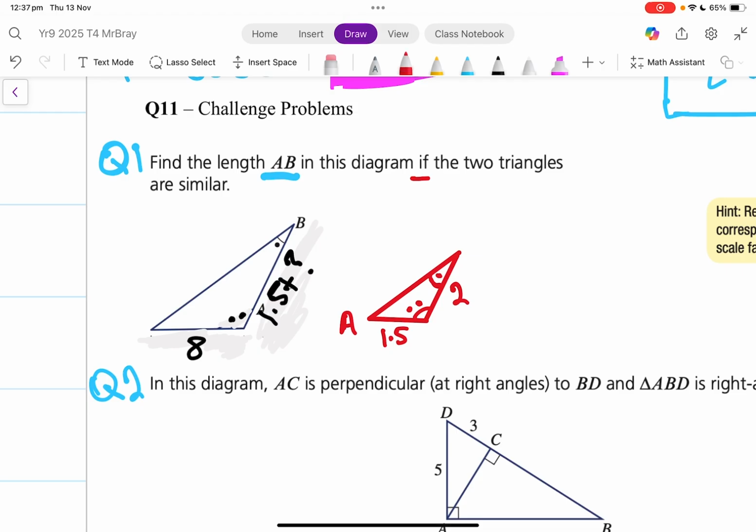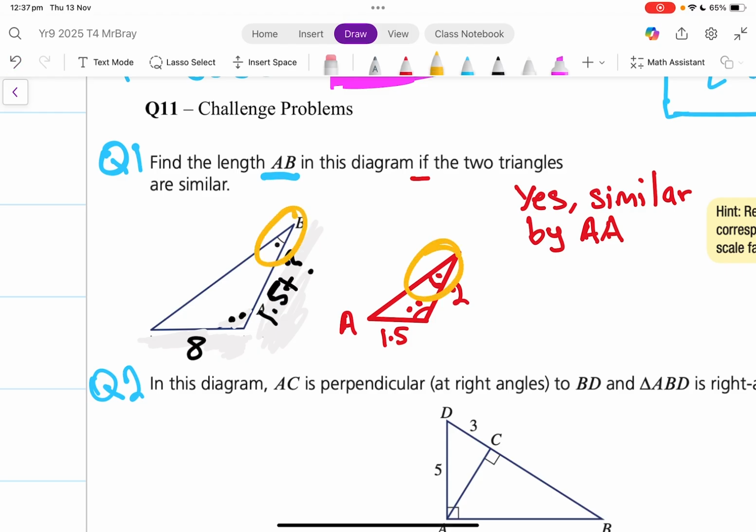And so we can say that yes, it is similar, and it's by angle. These dots indicate that those angles are equal, and then they literally share the same angle too, so that other angle is also equal. Okay, so the if part of this question, if the two triangles are similar, yes, they are.